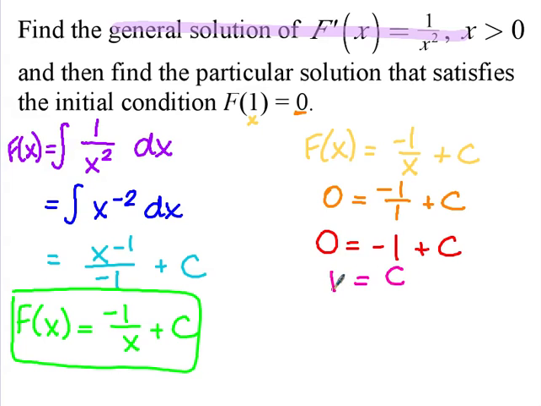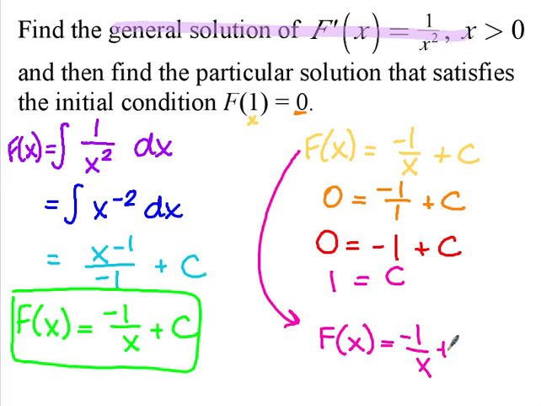So now my particular solution will be f of x equals negative 1 over x plus 1. And there you go. So that is the difference between a general solution and a particular solution, and how you find those.